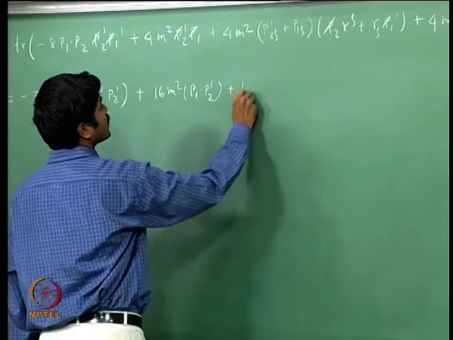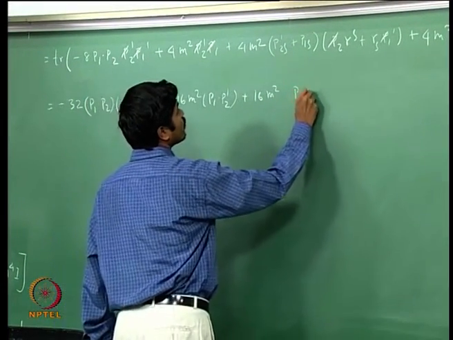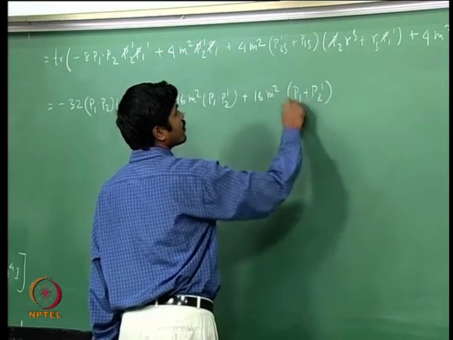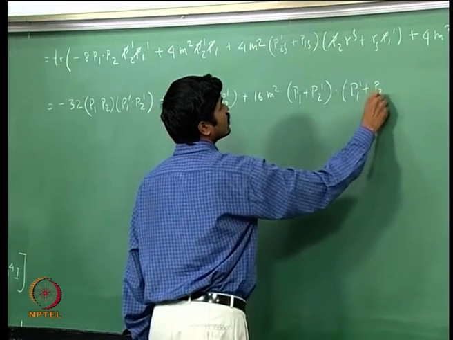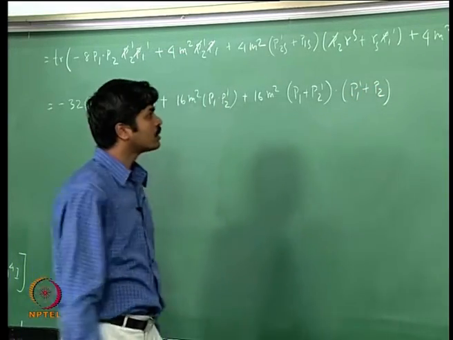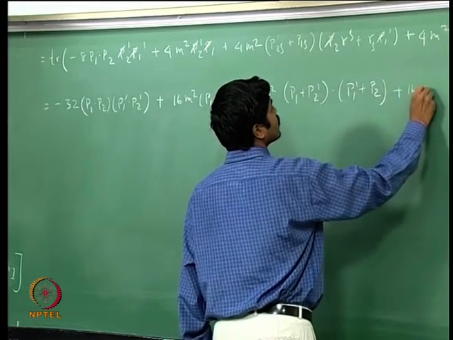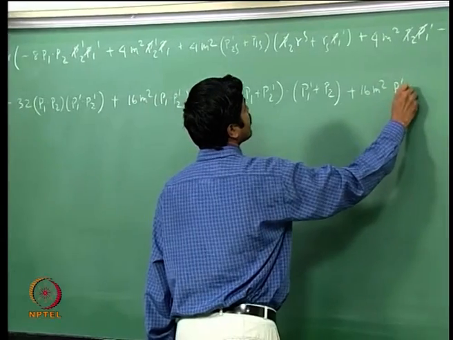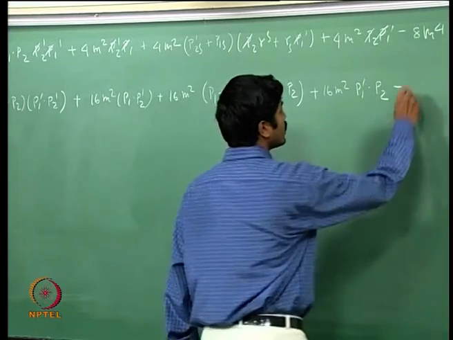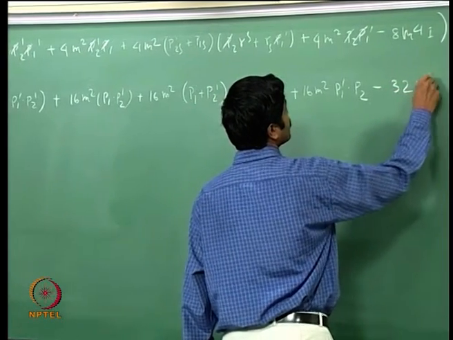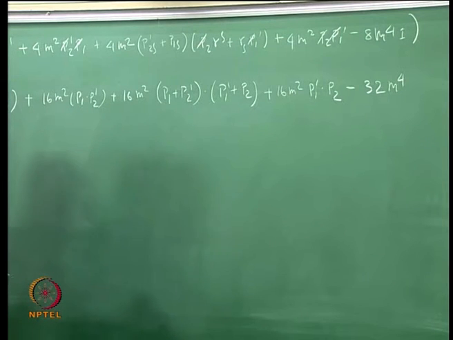So, this is 16 m square (p1 plus p2 prime) dot (p1 prime plus p2), right, and here this is 16 m square p1 prime dot p2 minus 32 m fourth. Is this right?